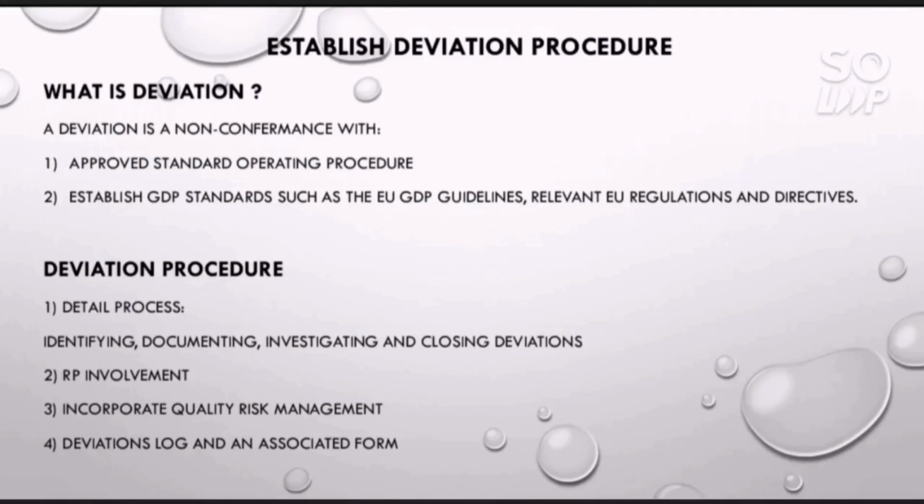The deviation procedure. First, detailed process such as identifying, documenting, investigating, and closing deviations. Second, RP involvement. Third, incorporate quality risk management, and lastly, deviations log and an associated form.